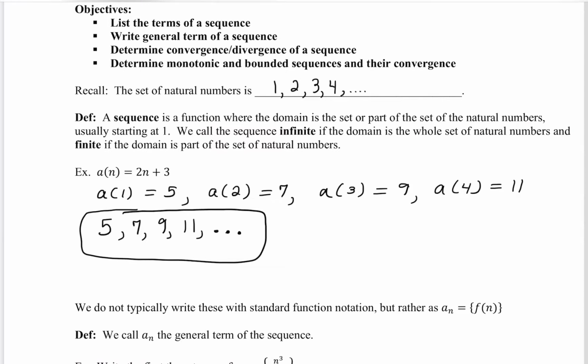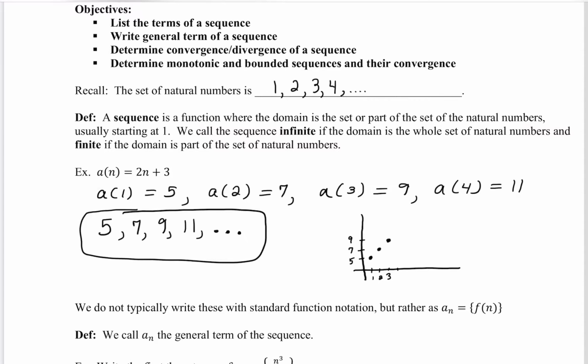If you were going to think about graphing this sequence, it's just a set of points. It's not going to be the entire line of 2n plus 3. Starting at 1, maybe not drawn to scale, we plot our first point at 5, and then at 2 we get our second point, maybe where 7 is. It's just plotting singleton points, and when we sub in 3, that's where we plot our 9, and so on.